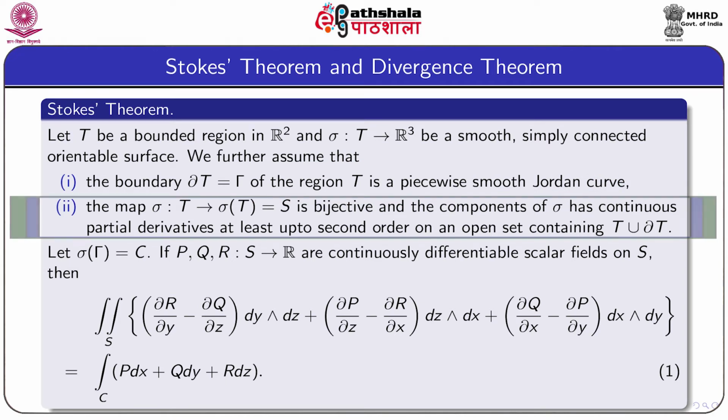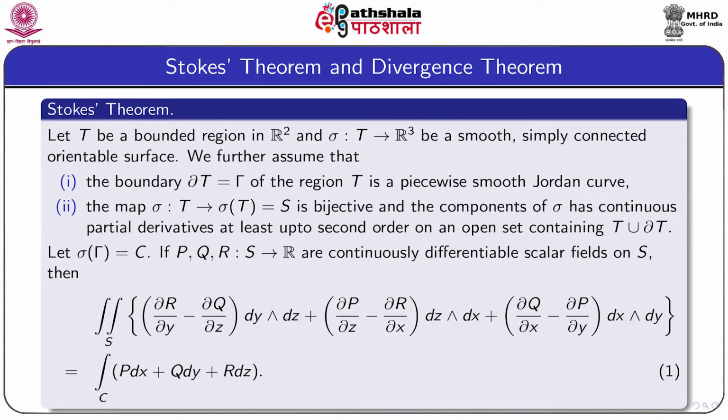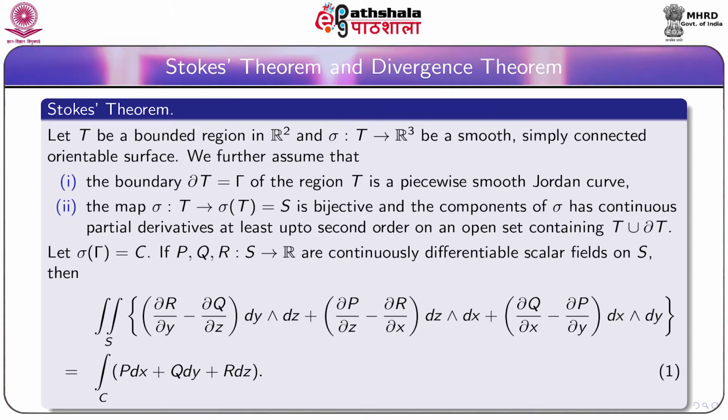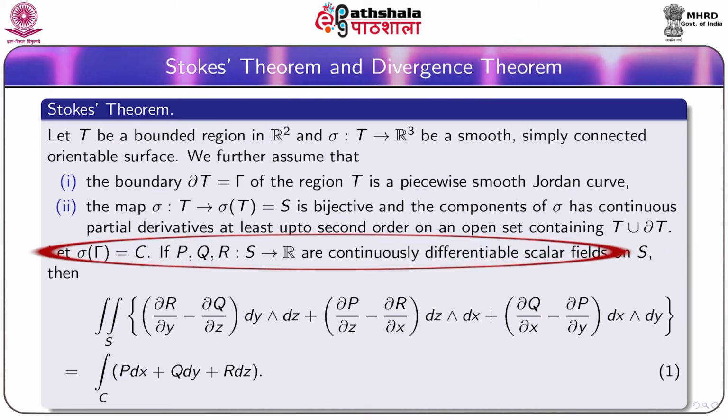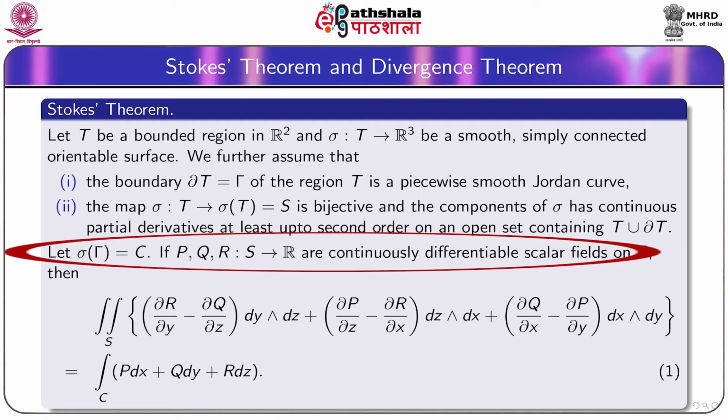Secondly, the map sigma from T to sigma T, which we denote by S, is bijective and the components of sigma have continuous partial derivatives at least up to second order on an open set containing T union its boundary. Let sigma gamma equal C.